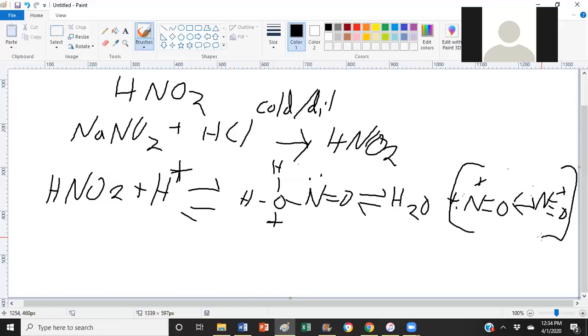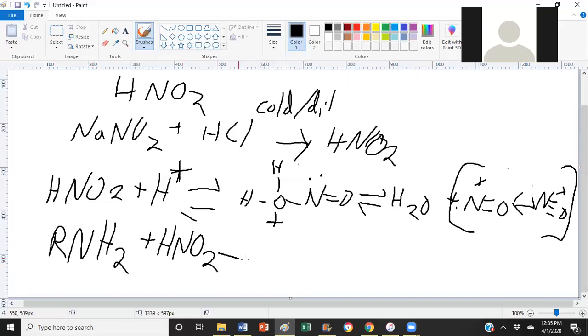With a primary amine with HNO2 and acid, we form R-N triple bond N, and water.